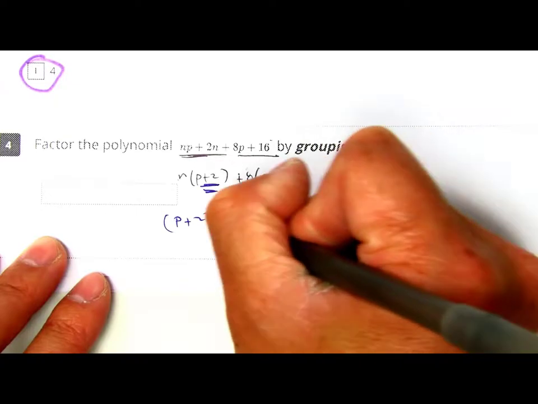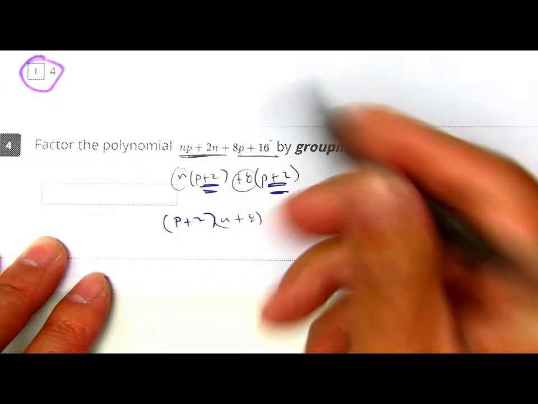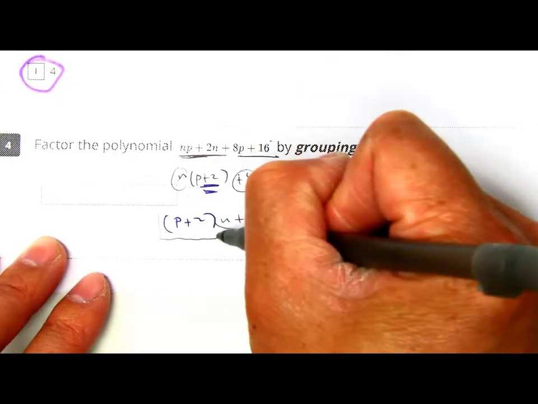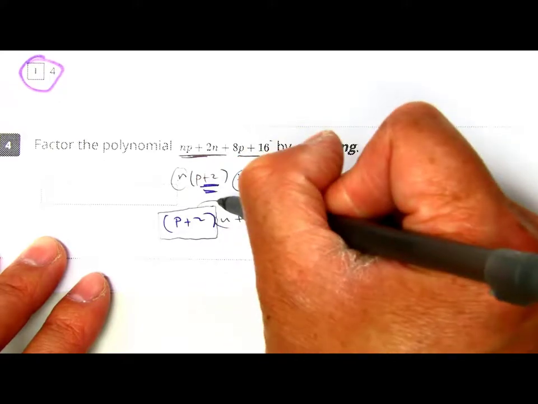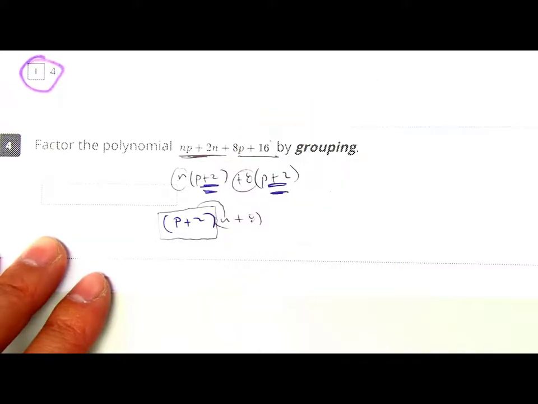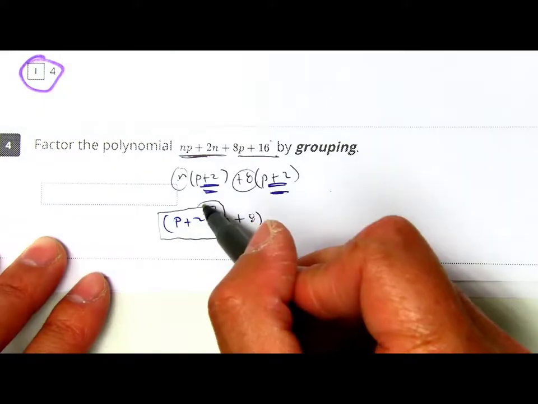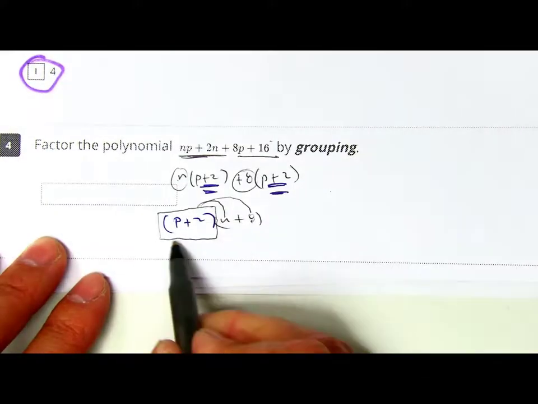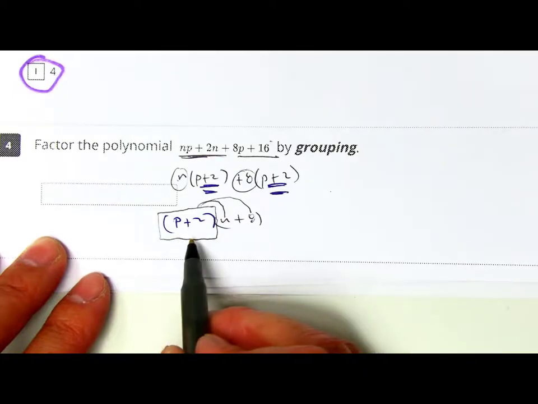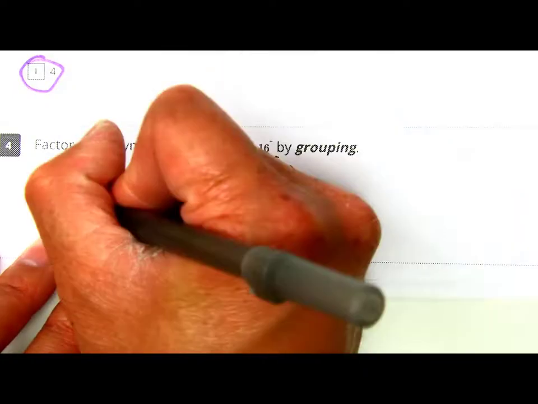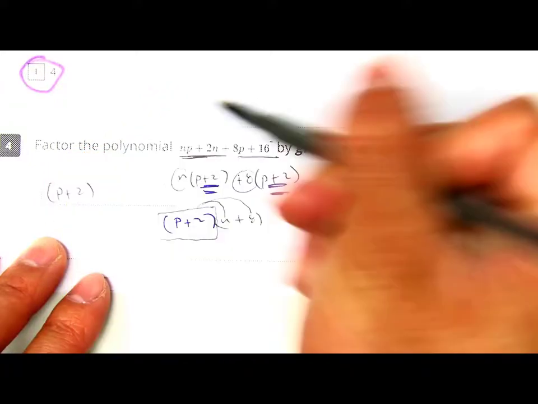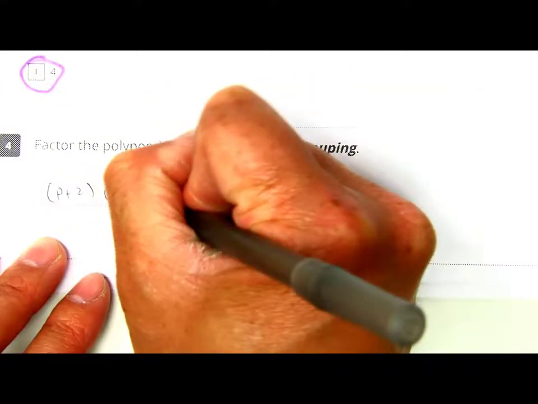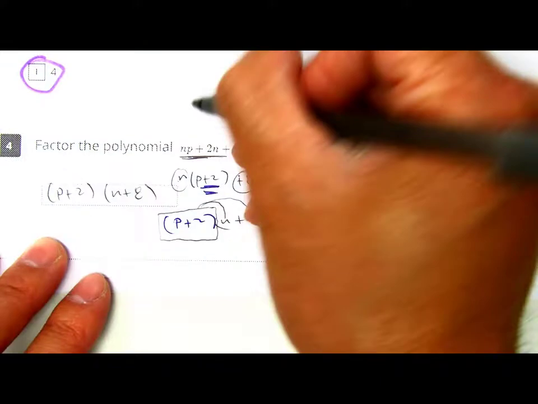This one still makes sense because I could take this whole term and distribute it to the n, and I get this term above. And I can distribute p plus 2 to the 8 and get this term up here. So my answer is p plus 2 times n plus 8. This is by using a method called 2 GCFs.